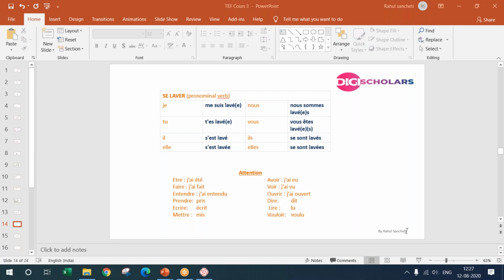Okay. And now for the same one, if you conjugate it with a pronominal verb, you would use je plus me plus, since it's a pronominal verb, you would write suis and then appelé, with the accent again here also, because the verb is now split into two, me and appelé.